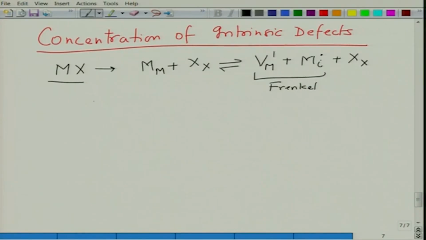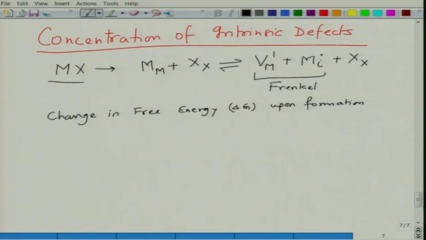So, the change in free energy, that is delta G, upon formation of, let us say, small n number of Frenkel defect pairs, because they have to form in pairs.